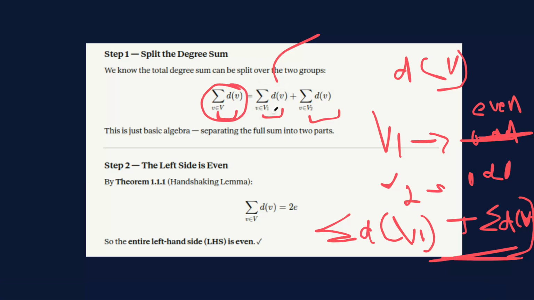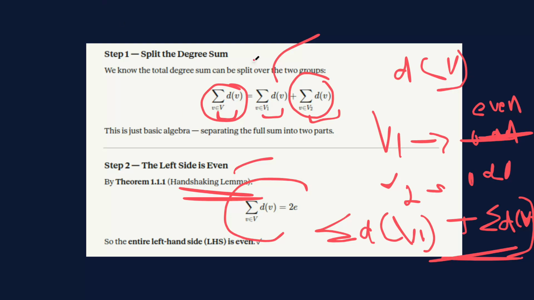Each vertex belongs either to the V1 set, the even degree vertices set, or to V2, the odd degree vertices set. So if I take the degree sum of V2 and V1, I get this. And by the previous theorem, also known as the handshaking lemma, which we have already proved in the previous video, the sum of the degrees of all the vertices is 2 times the number of edges.